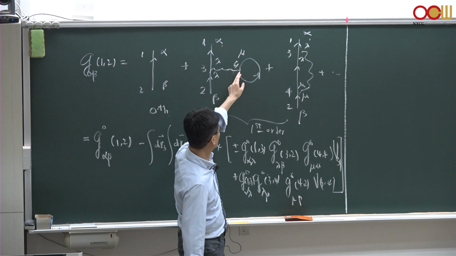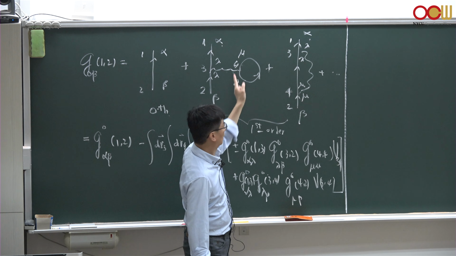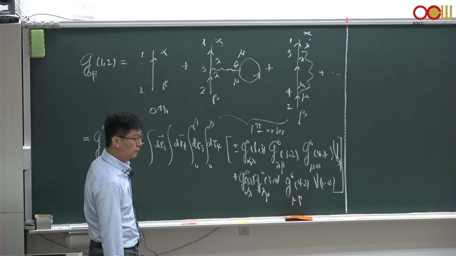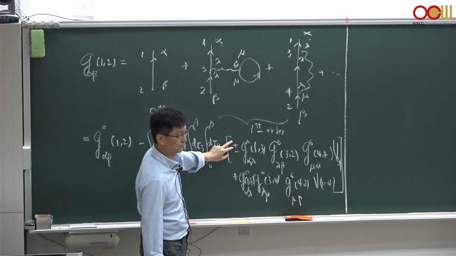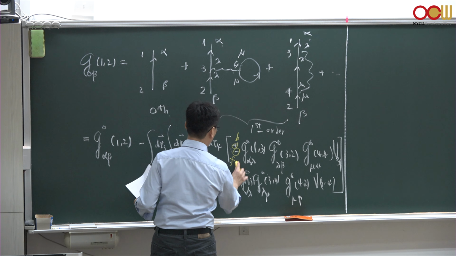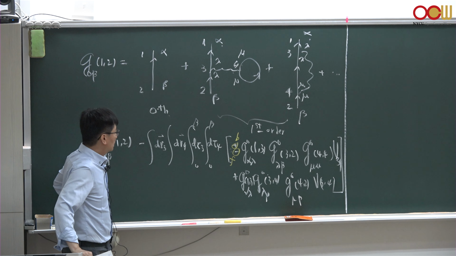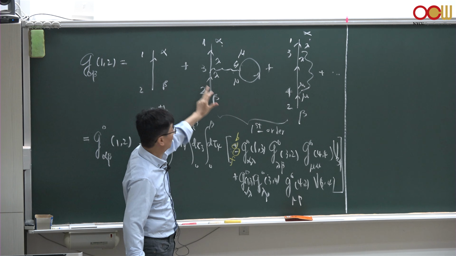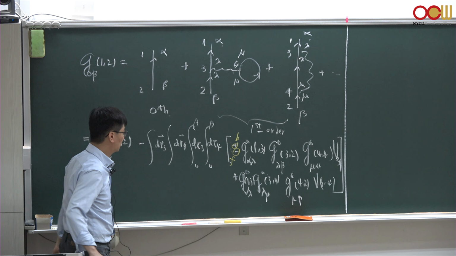Finally there's a bubble, G0, 4, 4, which forms a fermion loop, and because it's a fermion loop we have this plus-minus sign right here. Plus refers to bosons and minus to fermions. If these propagators are made of bosons, then you don't change sign, but if they are made of fermions, then you need to change sign.